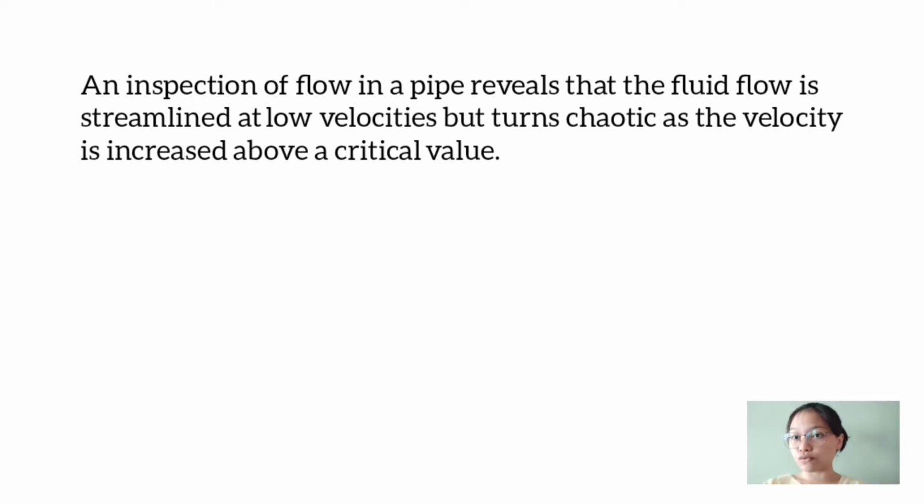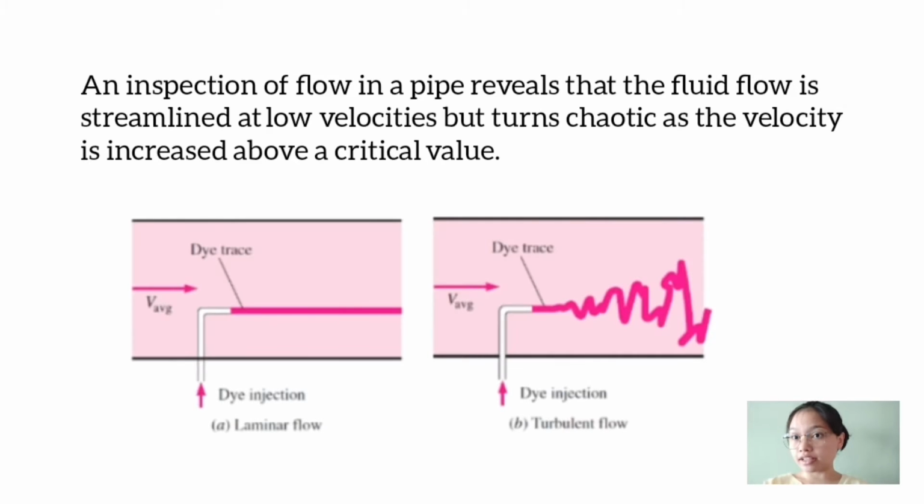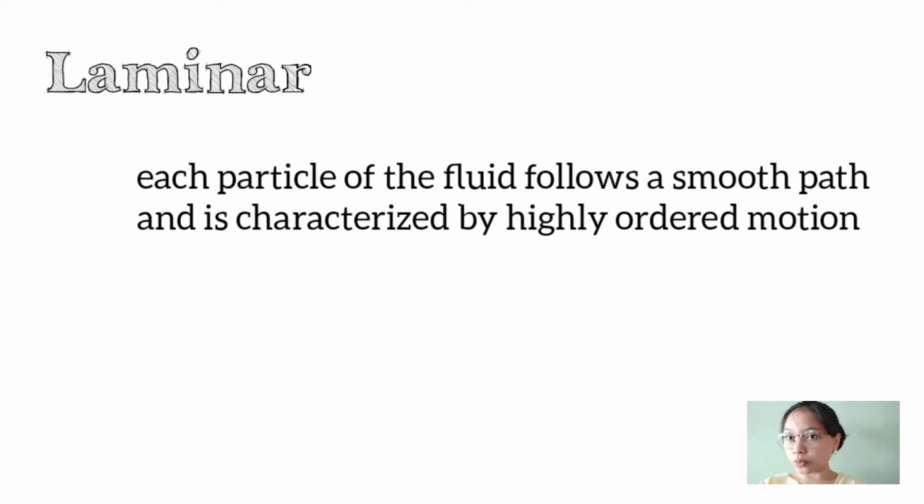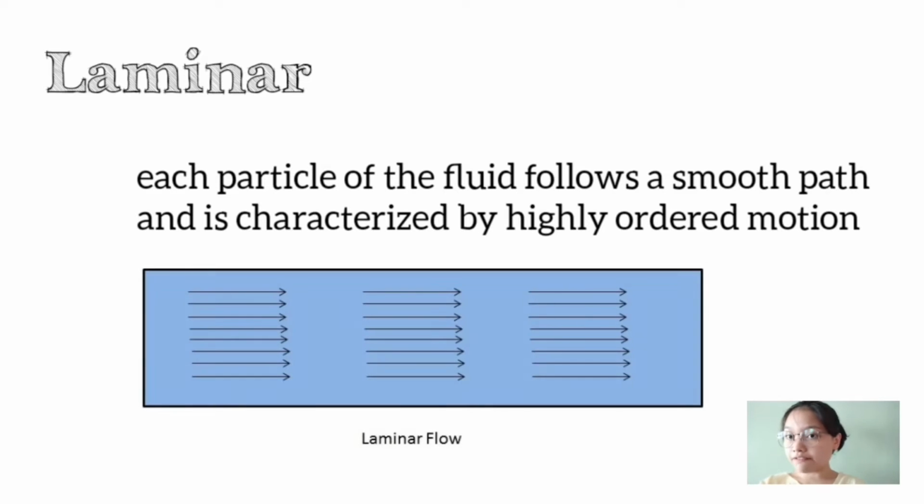An inspection of flow in a pipe reveals that the fluid flow is streamlined at low velocities, but turns chaotic as the velocity is increased above a critical value. Laminar flow: the flow of a fluid when each particle of the fluid follows a smooth path, characterized by a highly ordered motion.